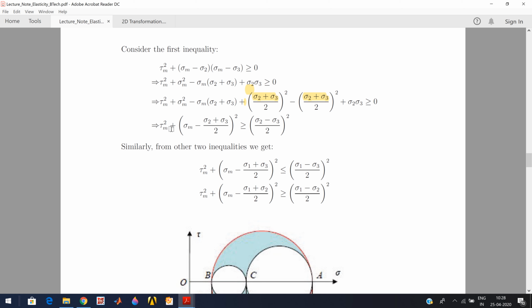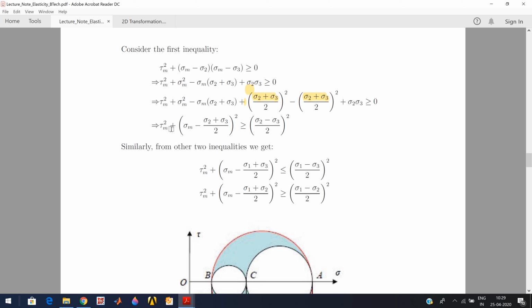So x minus xc square plus y square is greater than or equal to r square. If it is equal, then it is a circle, and the greater than or equal to sign says that the points x and y will be outside this circle.